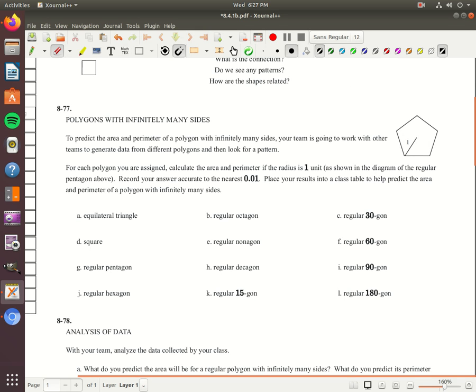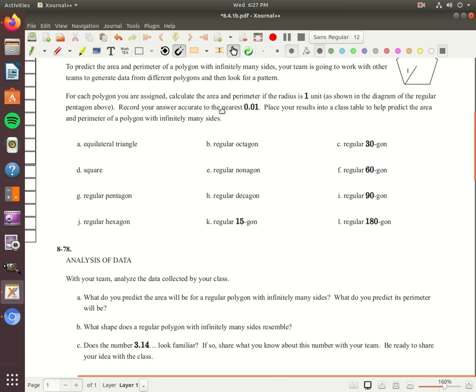We want a nice dispersion of numbers here, so I had made notes to do specific ones, but I'm going to ignore the ones that I chose and pick something that disperses them a little bit better. So why don't we do a square, a decagon, and a 30-gon.